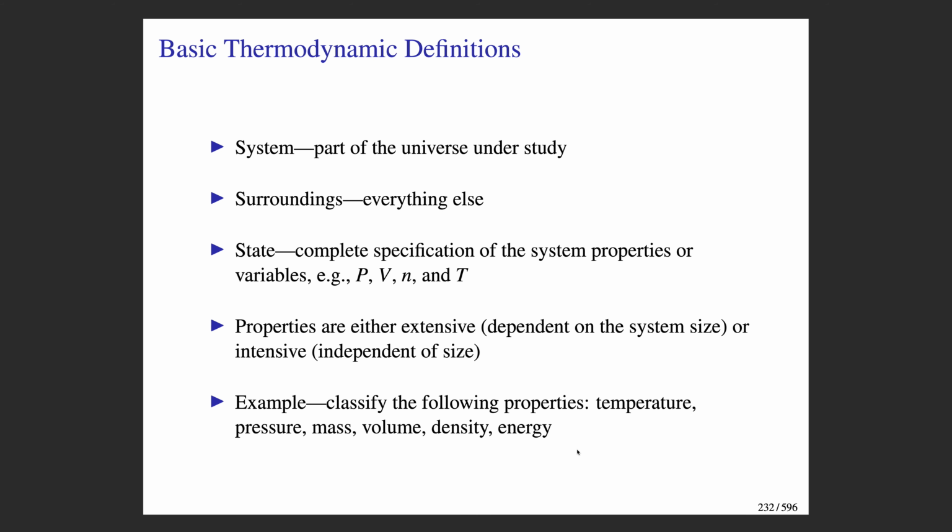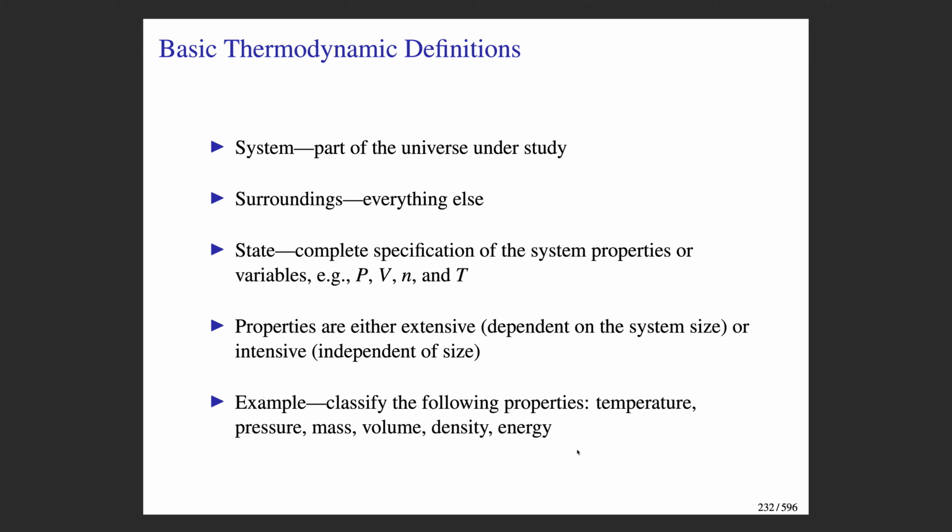On the next slide, I've included some basic definitions that are helpful to think about before you start discussing thermodynamics. In thermodynamics, we often talk generically about the system, that is, the system of interest. The system refers to some portion of the universe that you find interesting to study.